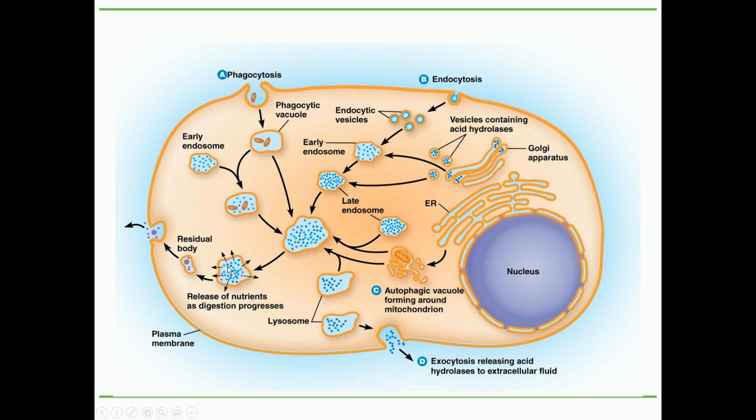The cell can also secrete some of the nutrients outside the cell by the process of exocytosis. And there is another possibility that these lysosomes can secrete some of the hydrolytic enzymes outside the cell by exocytosis. So this is showing exocytosis releasing acid hydrolases to the extracellular fluid.